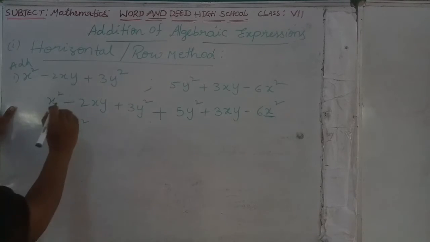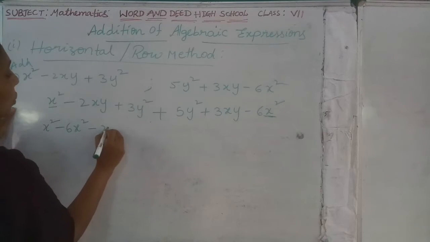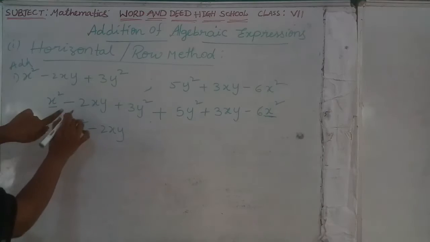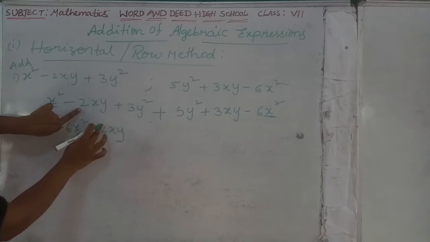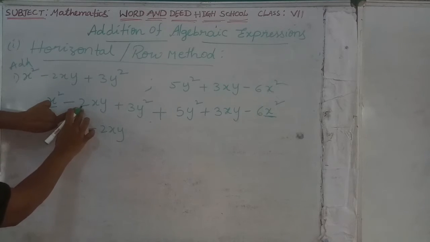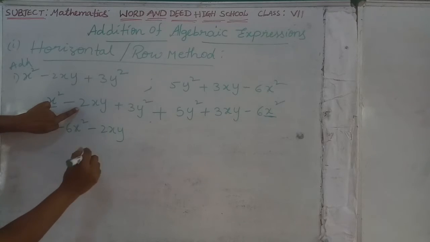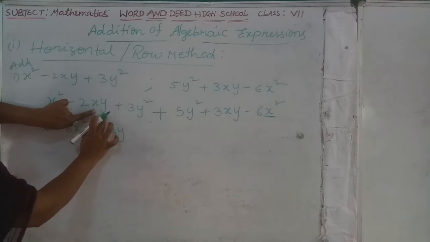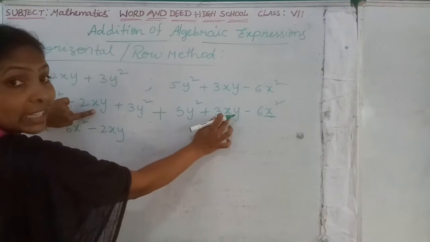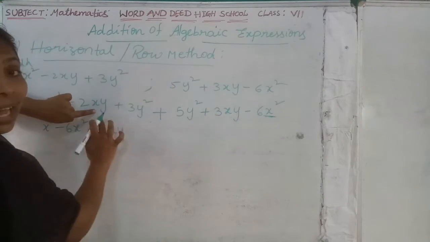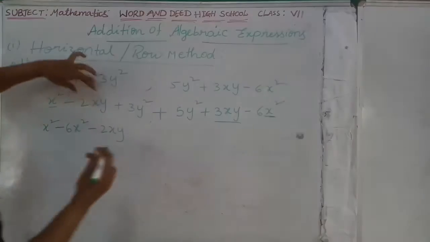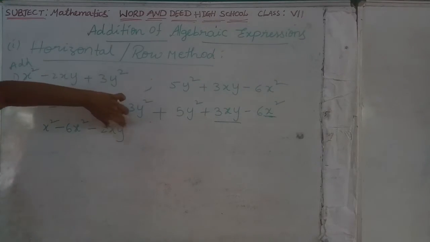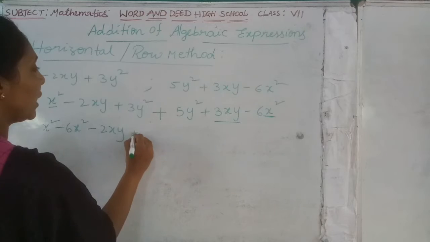Next, minus 2xy. Any numerical coefficient can be written, but the variables are xy. Here also xy, so these two are like terms. Together we can write minus 2xy plus 3xy.